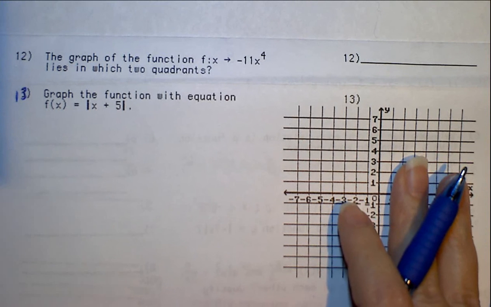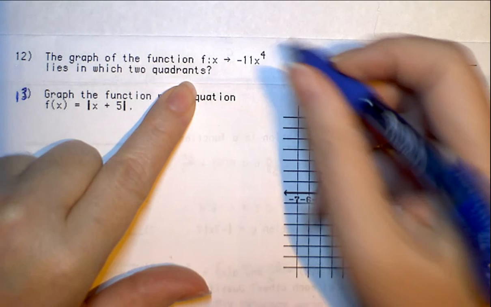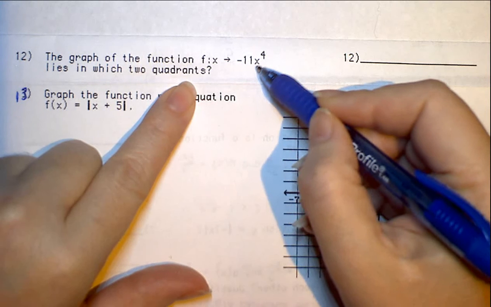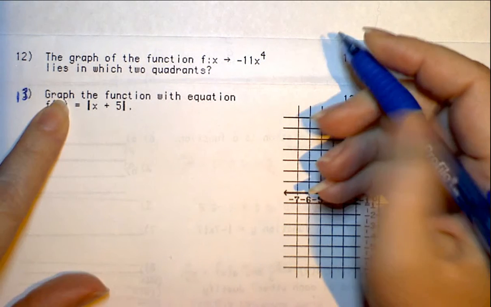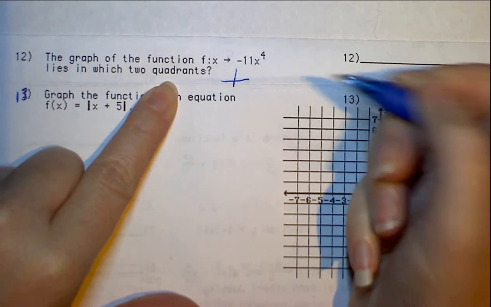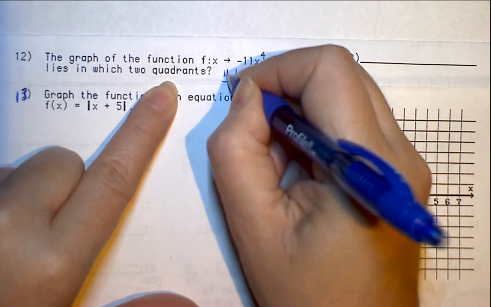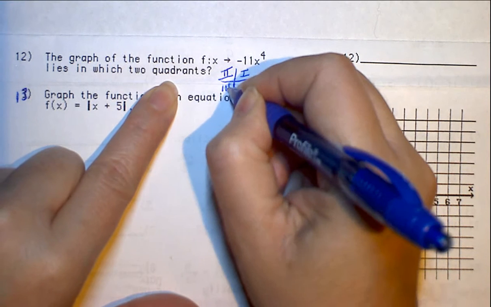The graph of the function f of x, which equals negative 11x to the 4th, lies in which two quadrants? The first thing we have to do is remember what our quadrants are. So this is quadrant 1, 2, 3, and 4.